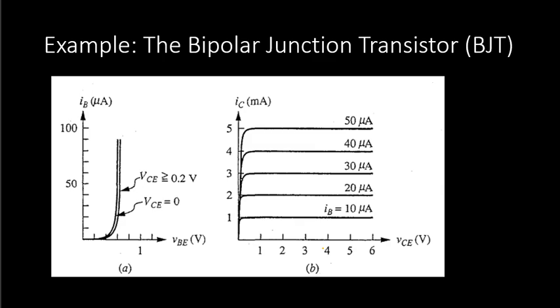So let's take the example of the bipolar junction transistor. To represent the terminal characteristics, we have the input and output characteristics. The input characteristic shows the relationship between the base emitter voltage and the base current, and the output characteristic shows the relationship between collector current and the collector emitter voltage.